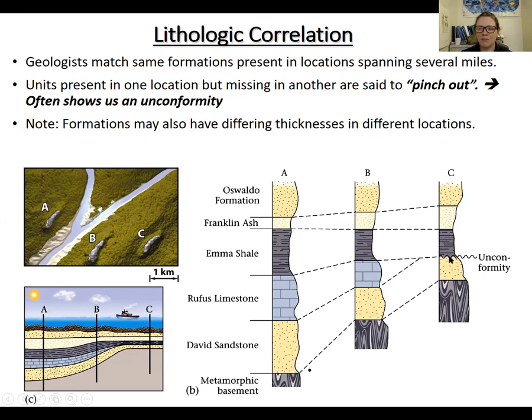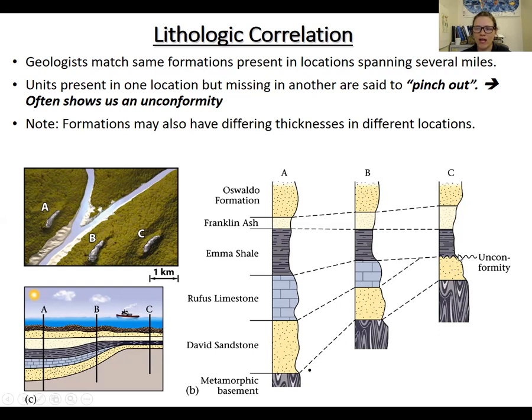It appears that those two layers are not matching up in ages. There's a period of time where there's no rock record. That's true in location C, but it's not true in locations B and A. So what we know is that this must represent an unconformity, this missing piece of data.